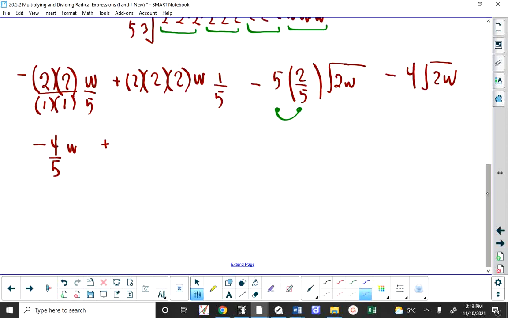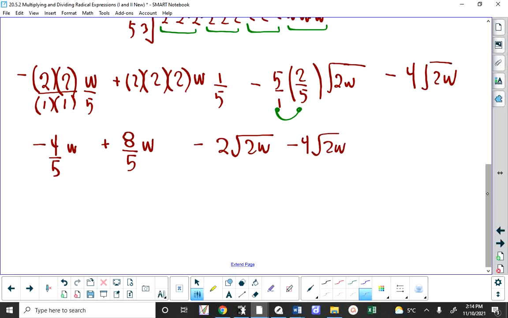Plus, I have 2 times 2 is 4 times 2 is 8/5 W. Here I have negative 2 root 2W, because 5 times 2 over 5. Well, if you take 5 times 2 and then you divide it by 5, the 5 will go away. And then I have minus 4 root 2W.